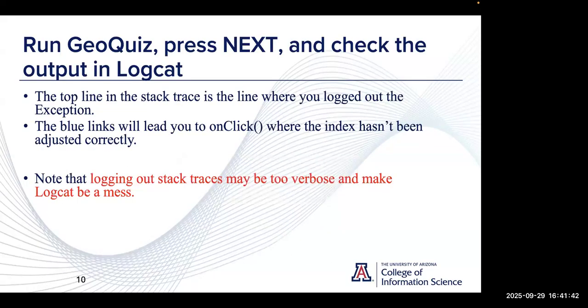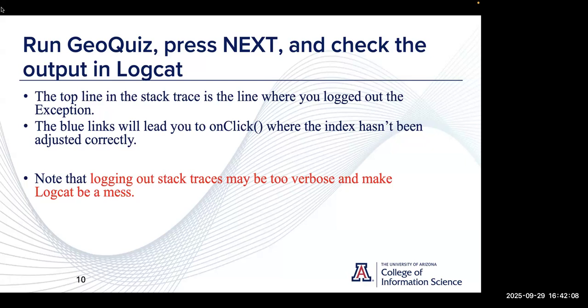So then we can run GeoQuiz, press next, and check the output in the logcat. The top line in the stack trace is the line where you logged out the exception. The blue links will lead you to the onClick where the index hasn't been adjusted correctly. Note that logging out stack traces may be too verbose and make logcat messy.